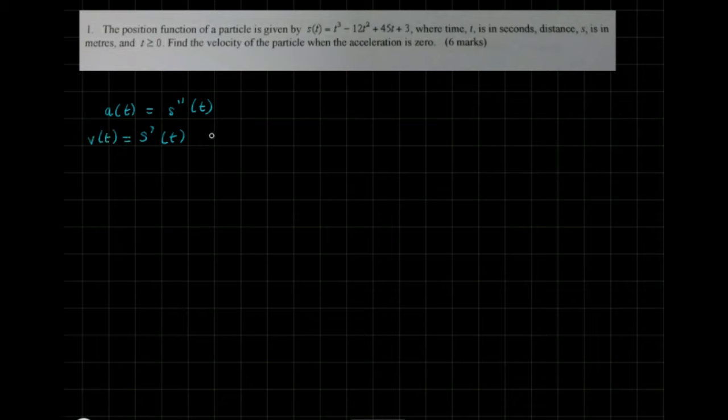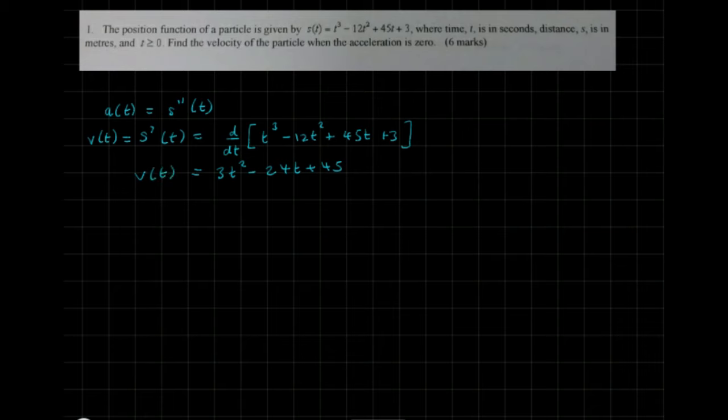So the velocity function is the first derivative, which is basically d dt of t cubed minus 12t squared plus 45t plus 3. And I'm just going to employ the power rule here to solve for this. So this is going to give me 3t squared minus 24t plus 45. Okay, so this is our velocity function.